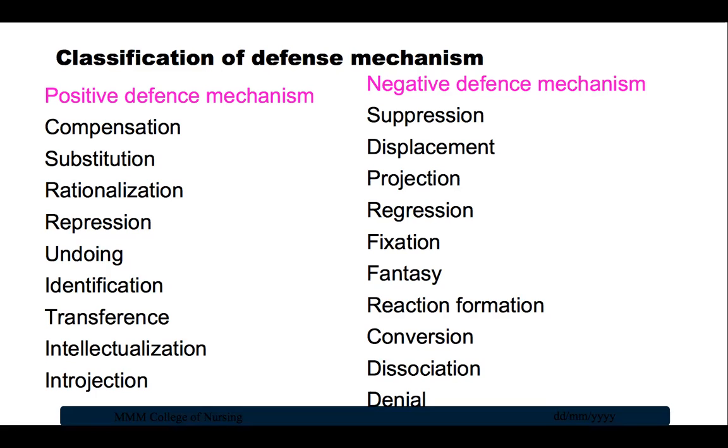Negative defense mechanisms examples are suppression, displacement, projection, regression, fixation, fantasy, reaction formation, conversion, dissociation, and denial. In the next slide, we'll see the explanation of each of these types with an example.